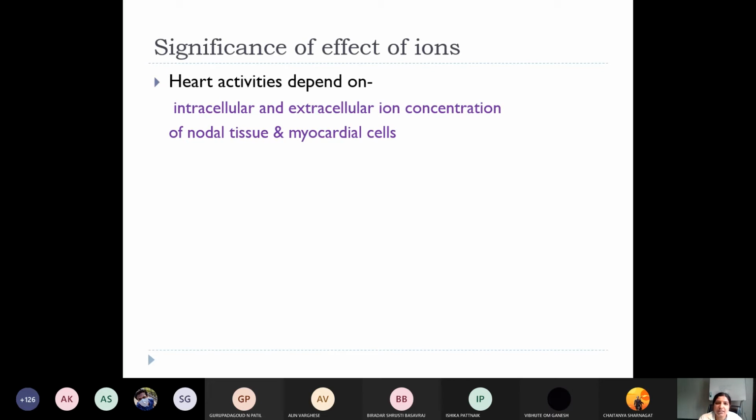In varying concentrations, they are present in ECF and ICF. And as our whole body works on maintaining these, heart activities also depend on the different concentrations of these ions. They are not out of this ECF and ICF.